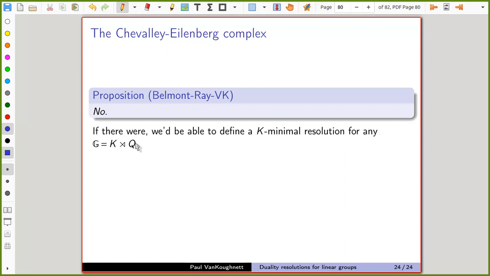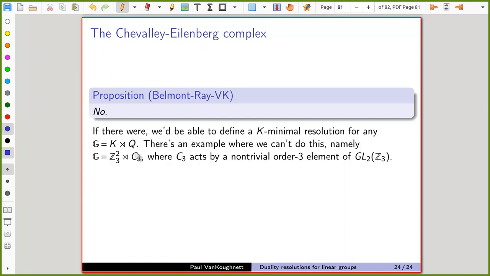So there would be a way to define a K minimal resolution for any group of this form. And we found an example where we can't do this. So this is a two-dimensional example where you take the semi-direct product of Z_3 squared and a cyclic group of order 3. And the cyclic group is acting by some non-trivial element of GL_2(Z_3).